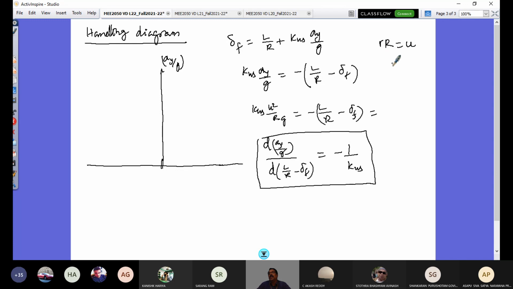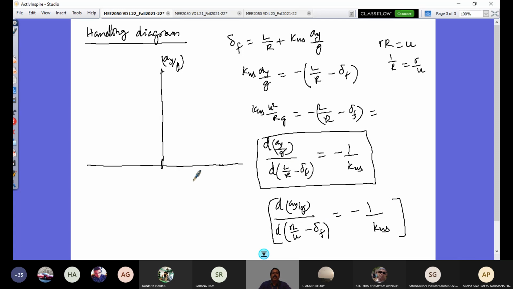So I can change my equation: 1 by R, the curvature, is going to be r by U. If I put that in, I can rewrite this as d(a_y/g), normalized in terms of g's, by d(rL/U minus delta F), which is minus 1 by K_US.